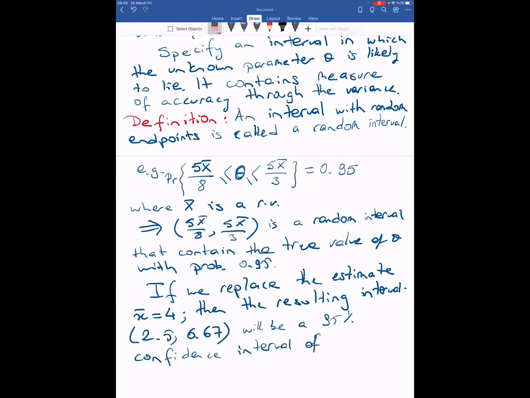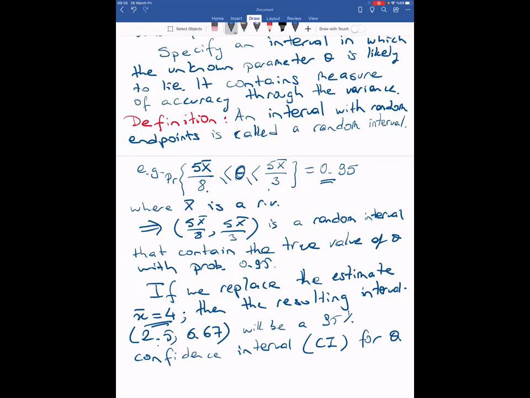Actually, we use this notation for a confidence interval for theta. So where does this 95% come from? Because we know that with this probability, 0.95, this lower bound and upper bound will contain theta. But when we have a sample version of it, when we calculate x bar as 4 and get these numbers, 2.5 and 6.67, these are not random variables anymore.